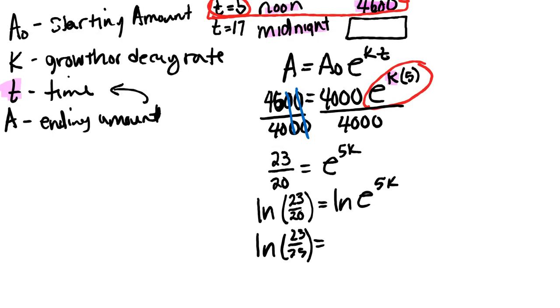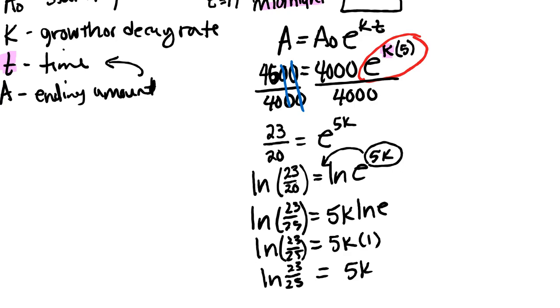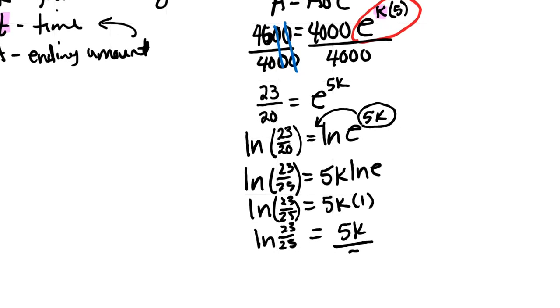I can use the power rule to bring that 5k out front. Natural log of e is equal to 1. So I have 5k equals natural log of 23 over 20. Divide both sides by 5, and now I have the growth rate.